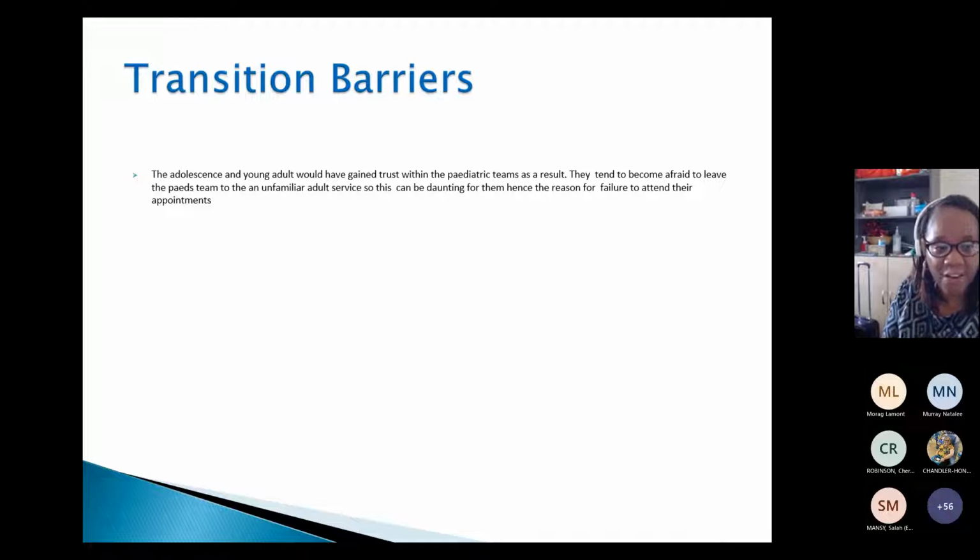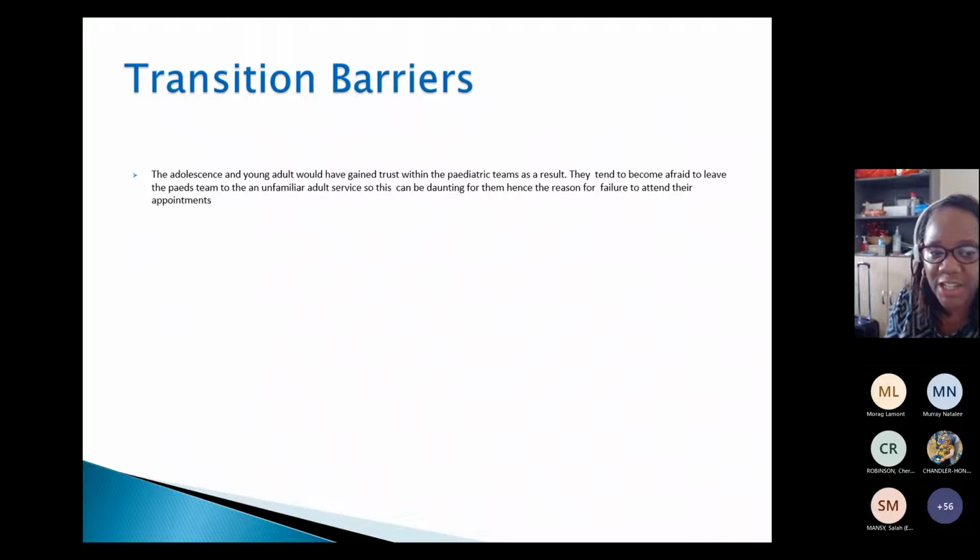Transition barriers, what are the barriers? The barriers, which we are all aware of, are that the young people, the adolescents, are used to their paediatric team. They evidently have a trust with that team because they've been there from a child right through to becoming a young adult.